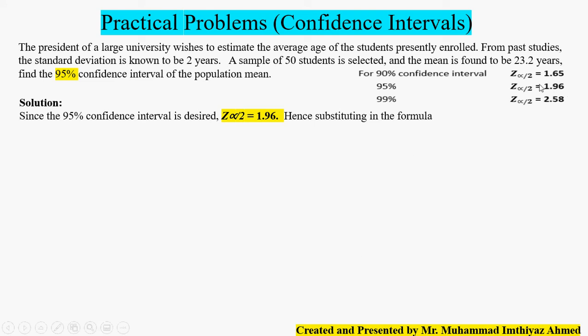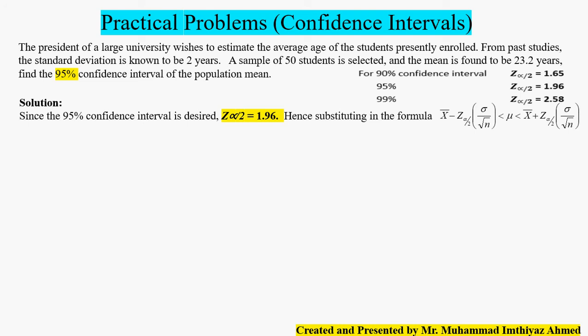As you can see, it is 1.96, and after that we need to use the formula for solving this problem. Hence, substituting in the formula, it will be mean minus Z alpha by 2 multiplied by standard deviation divided by square root of n.